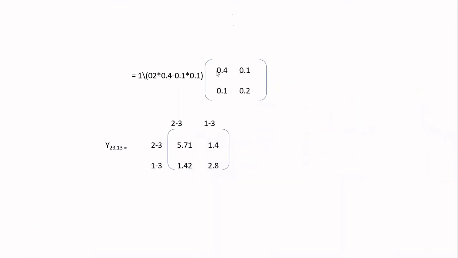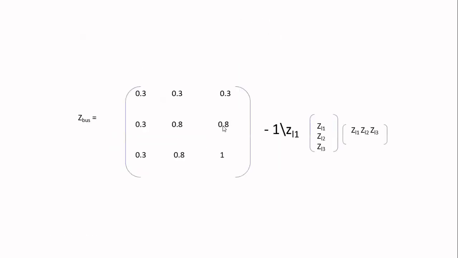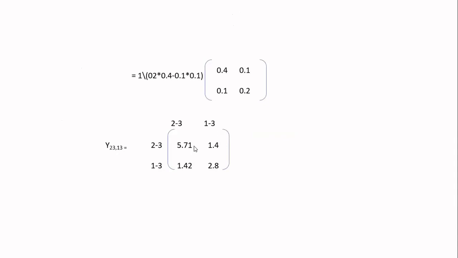1 by adjoint A into D, A, minus B, minus C, and 1 by AD minus BC. Then we obtain this matrix. What is this matrix?